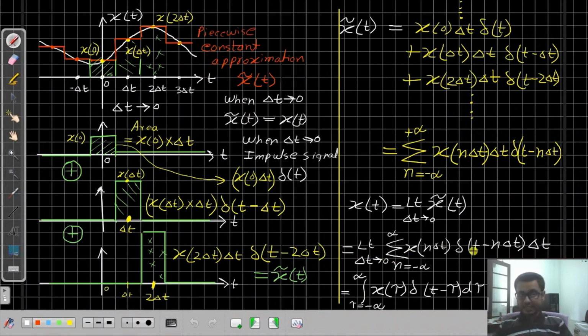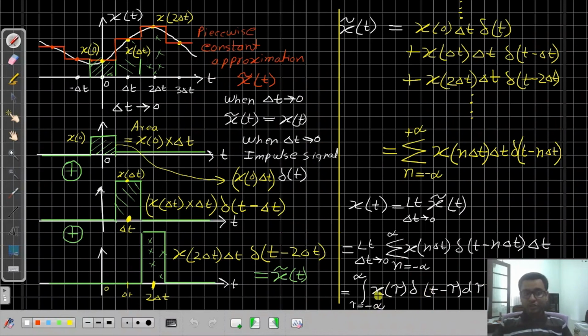And then the slices are like time-shifted impulse signals, which you can therefore write as x(t) equal to the integration of x(τ)δ(t − τ). And when we told this relation, at that point you probably did not know that this is also the formula of convolution between x and δ.